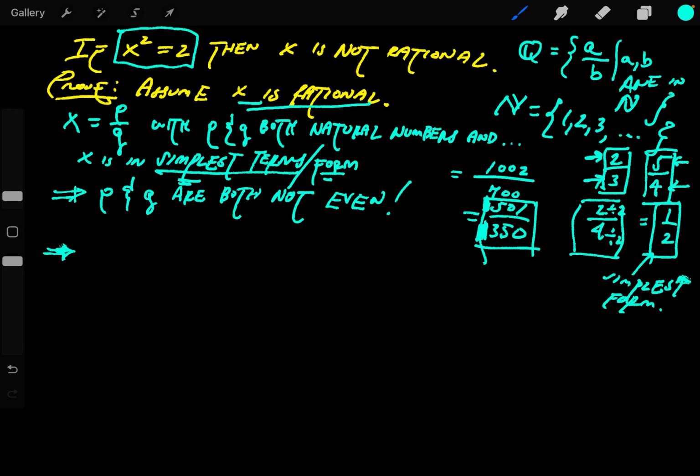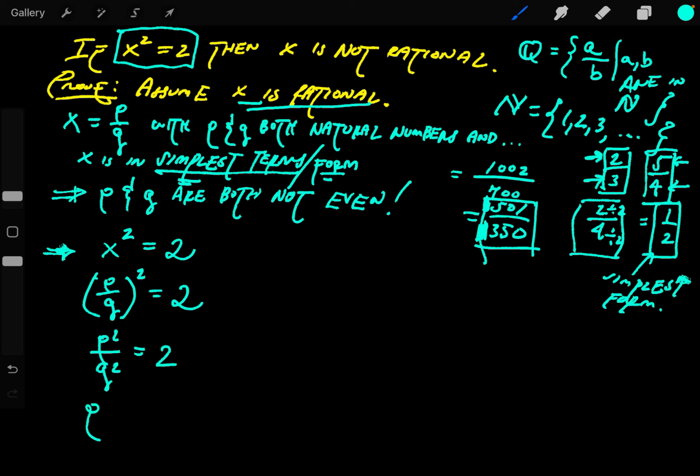With this, we begin by saying that we know x squared equals 2. That's our hypothesis. But I'm assuming that x is rational, and p and q don't share any factors. I just substitute p over q for x, and this leads me to the following algebra.